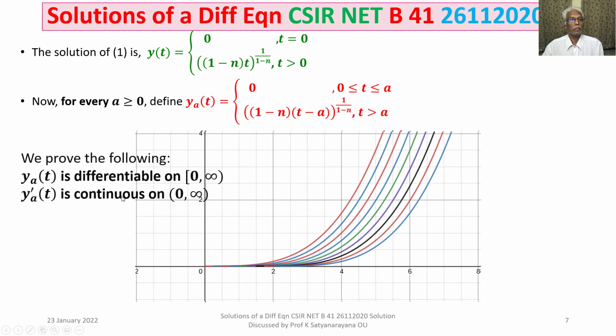Infinitely many. That means you are going to get infinitely many continuously differentiable functions. We are going to show each y_a(t) is a solution of this. That means your initial value problem 1 is accepting infinitely many continuously differentiable solutions on the interval 0 to infinity. That is what we are going to show precisely.